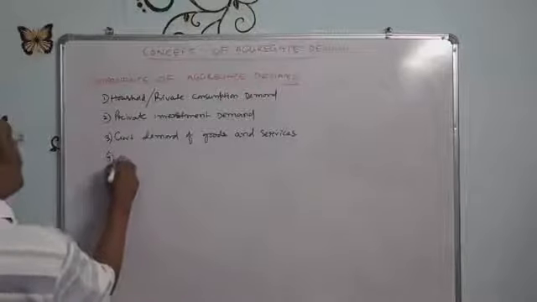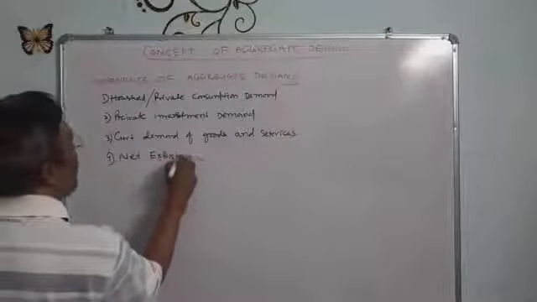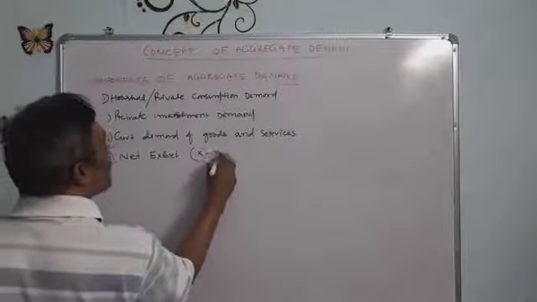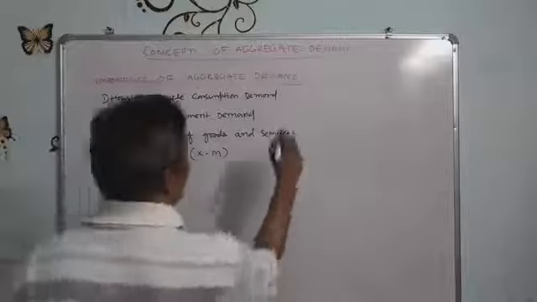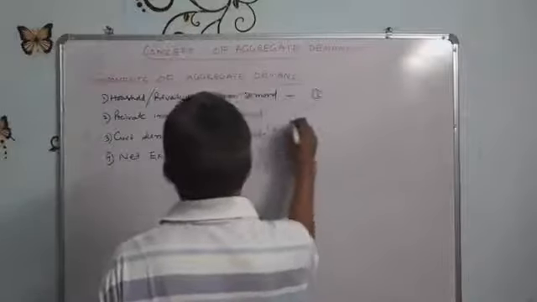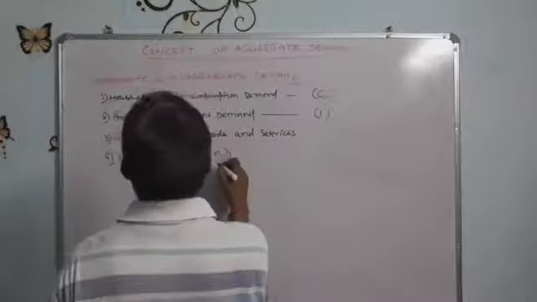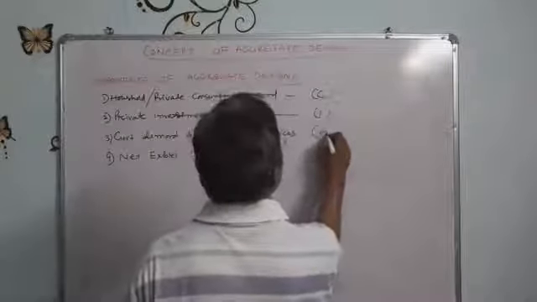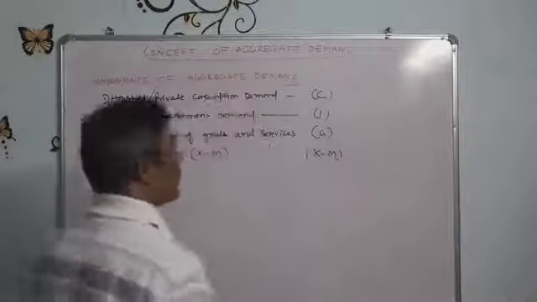And fourth one, net export, that is X minus M. Household private consumption demand is C. Private investment demand is I. Government demand of goods and services is G. And net export is X minus M.